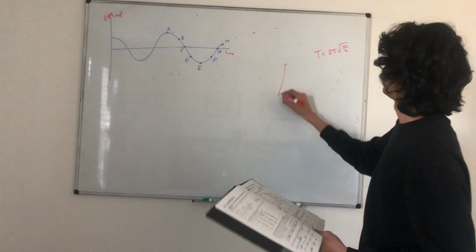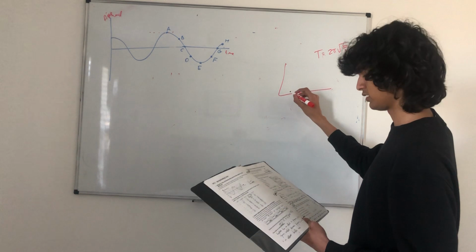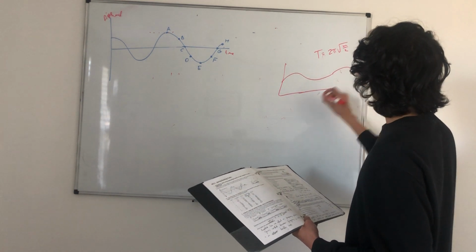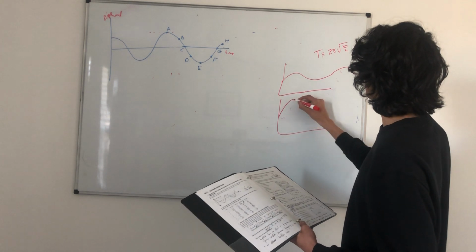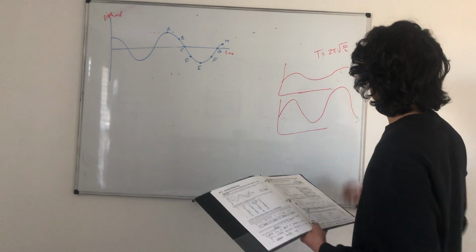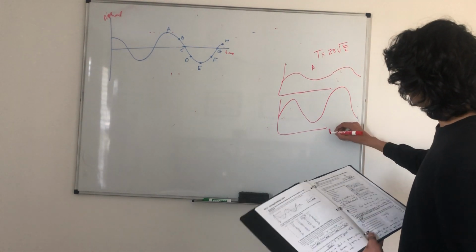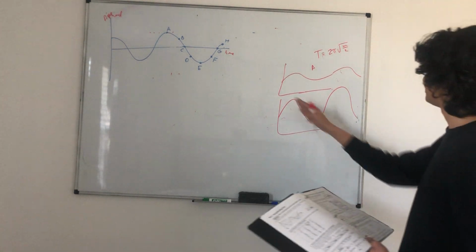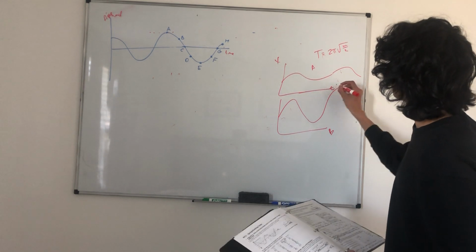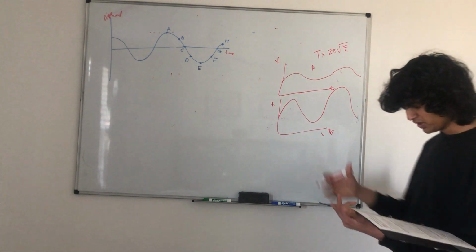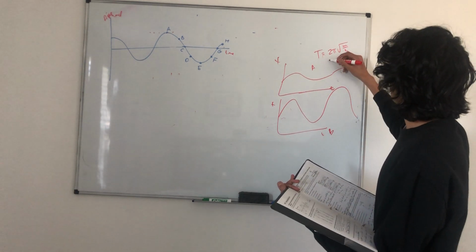They give the graph of experiment A. I'll just draw it. It's going to look something like this. And then we have experiment B, which looks something more like this. I didn't draw it the best, but this is A and this is B. If this is time and position, what can we infer about what happened in experiment B? The period is the same for both of these.